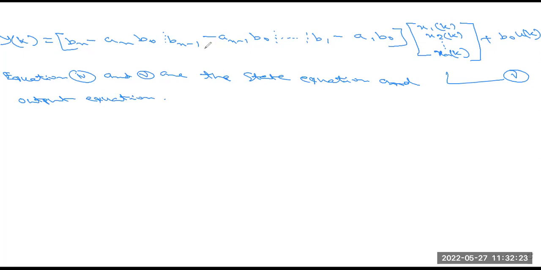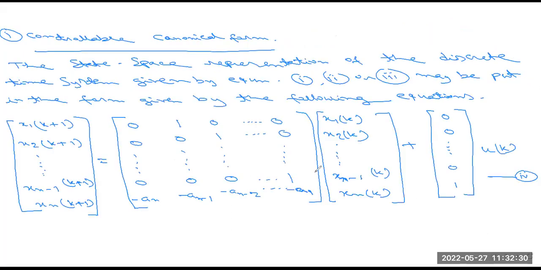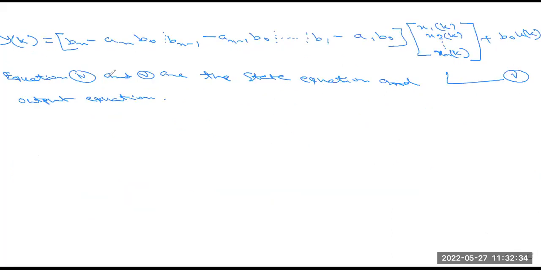Okay, so this is the output equation, and the previous equation is the state equation. This is for the state, that is x of n, and another one, y of k, is for the output. Okay, so this is basically the form of the controllable canonical form.